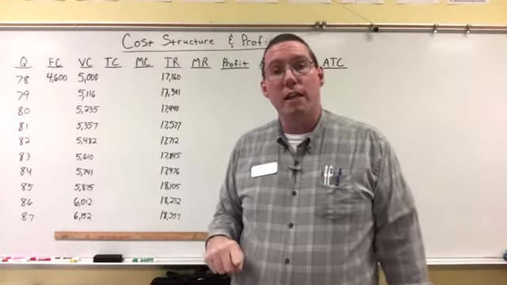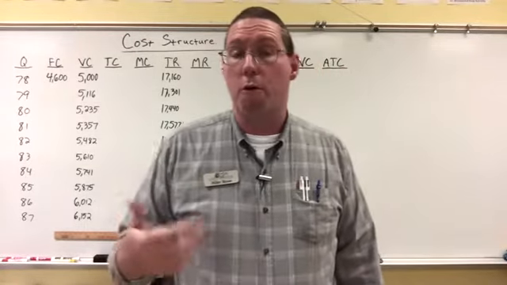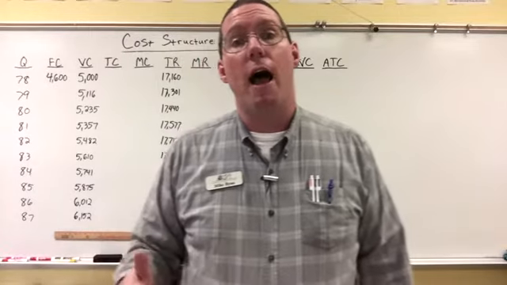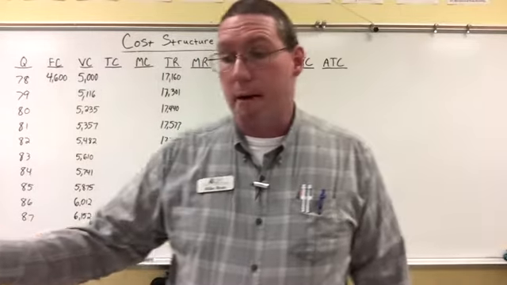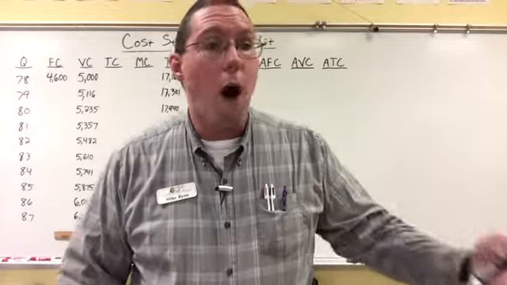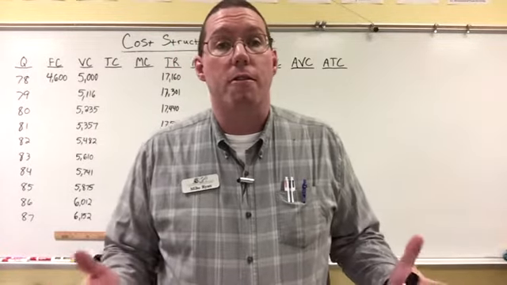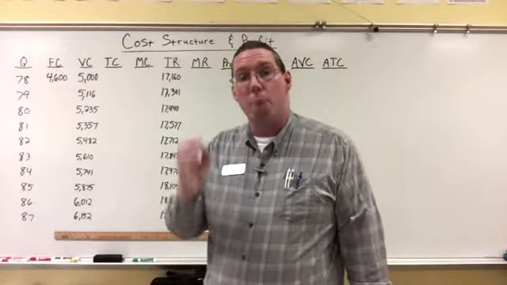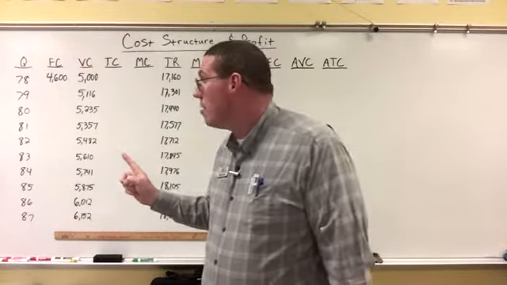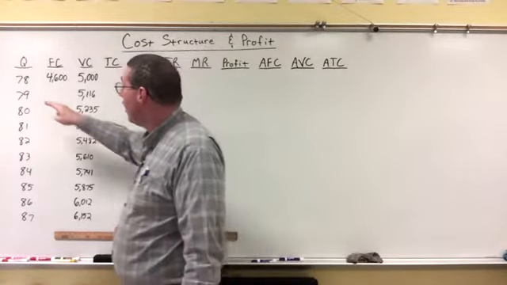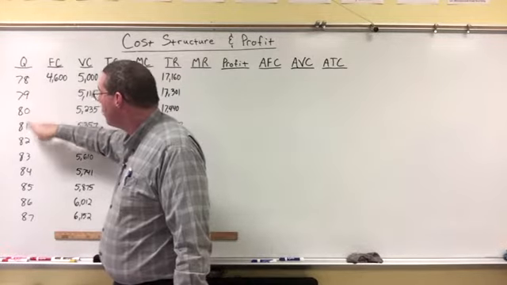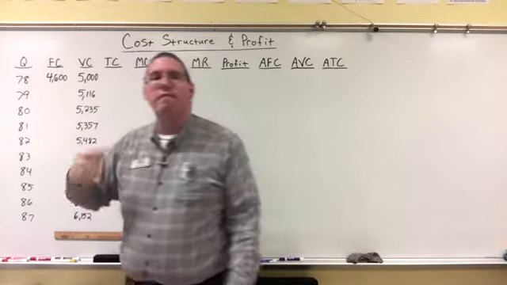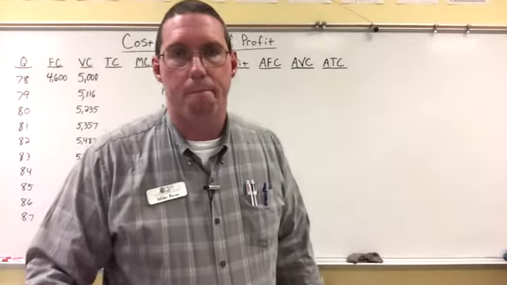Just like utility maximization for a household or for an individual. They have to decide, well, how many of good X am I going to consume and how many of good Y am I going to consume? And the goal in making that decision is to get the most utility. Well, this business is trying to decide which quantity they should produce that would give them the most profit.